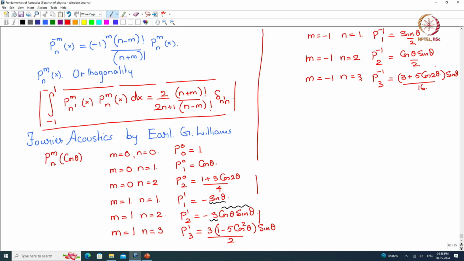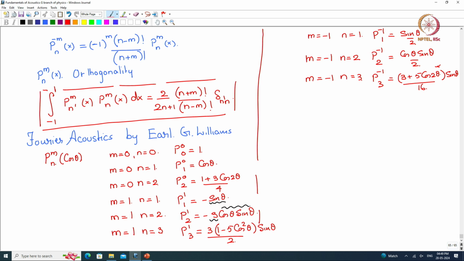Again this form remains the same, the constants change. So that's how the Legendre functions move. There are a lot more relations, but we don't need all of them.